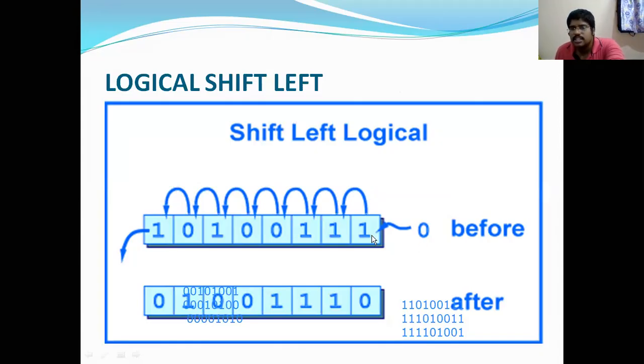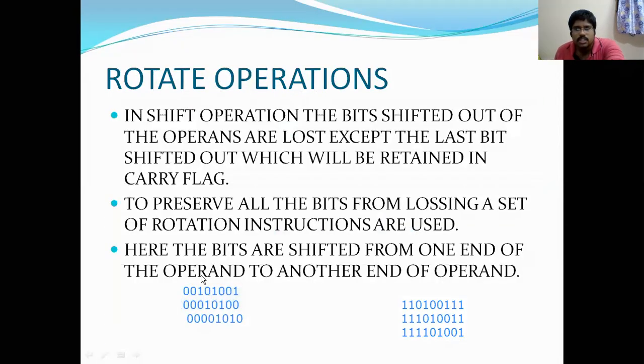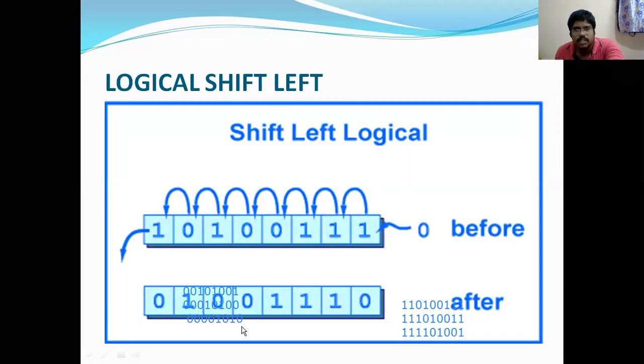Initially this is the value that is present, 111000101. Whenever I perform the shift left operation, what is going to happen? This one shifts to here, this one shifts here, this one to here.